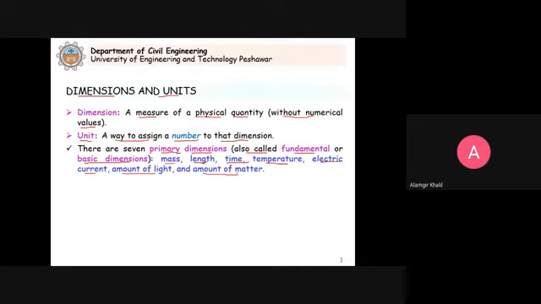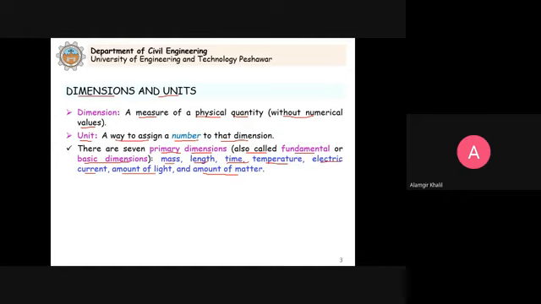So in fluid mechanics that we have studied so far, fluid mechanics 1 or fluid mechanics 2 or hydraulics course, mostly we are concerned with variables whose primary dimensions are most of the time the mass, length, and time.